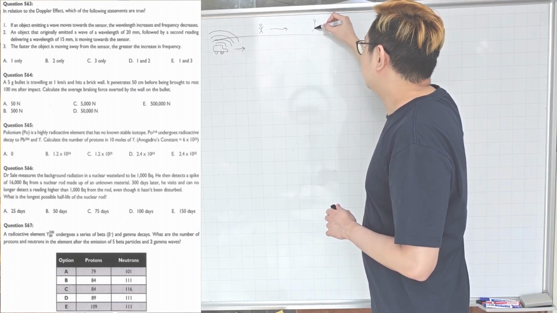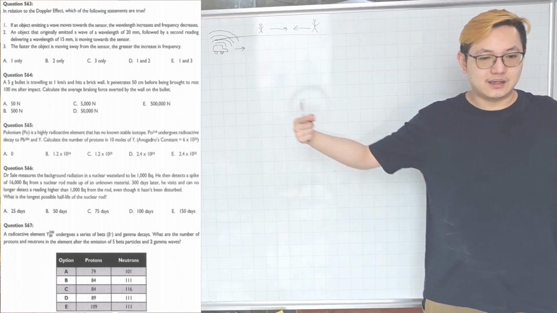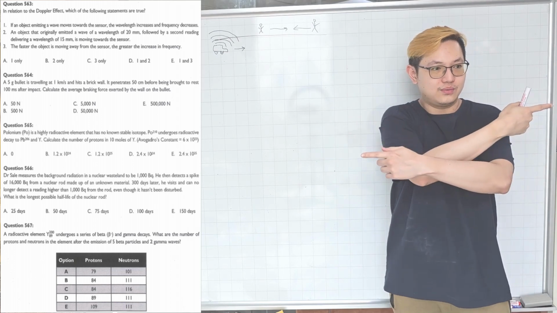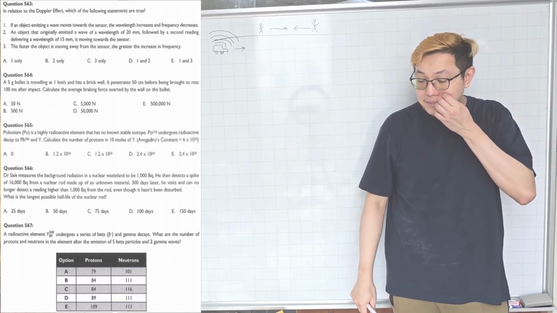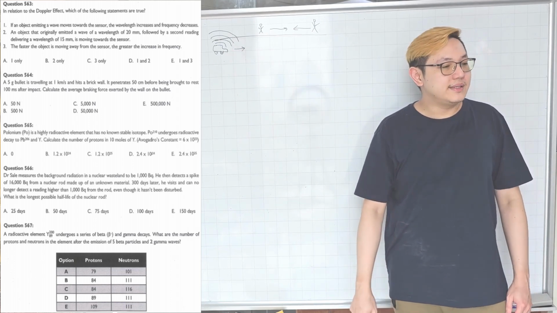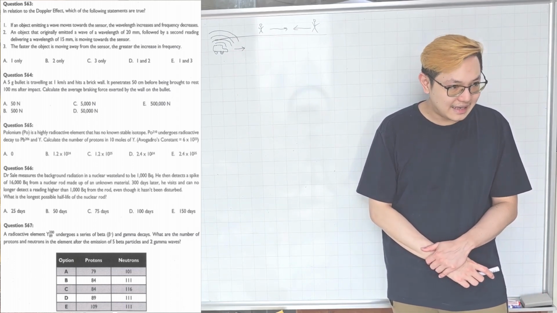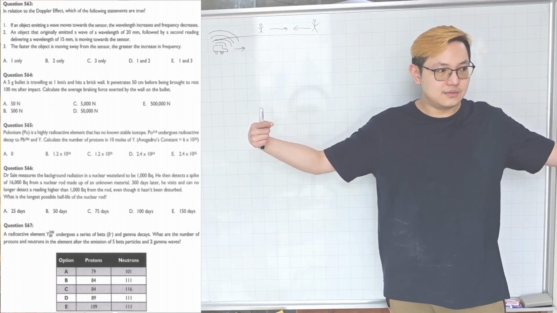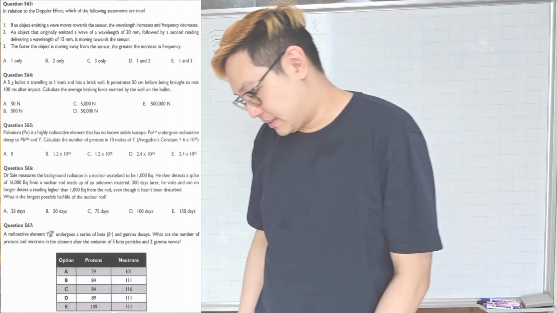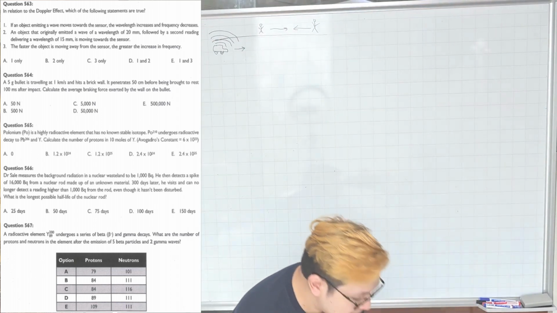However, if there's a person also moving in the opposite direction and the car's like that, of course, at first they will hear the noise increasing very quickly, right? Lúc đầu cái tiếng ồn sẽ tăng rất nhanh luôn. Okay. Now, let's see which of the following statements are true for 563.